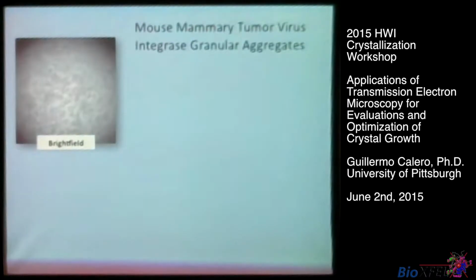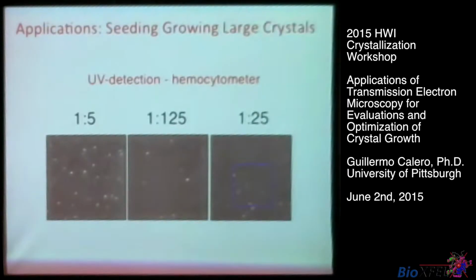So what we did is that we took these seeds, and as I said, we put them on chemocytometers, the same way you count cells. If you take a UV picture of these seeds, you can see they are extremely homogeneous after fragmentation using the 0.5 millimeter bits.